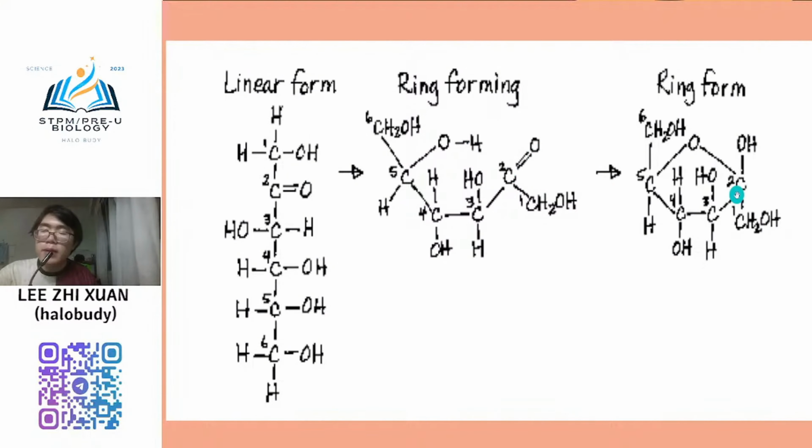So you will form like this, COH, and then this oxygen atom, due to the hydrogen bond already lost, you want to form the stable formation, stable bonding. So this oxygen atom will bond to the carbon. So you will form like this. So that is why fructose you will see like a pentagon, not hexagon, due to this reason.